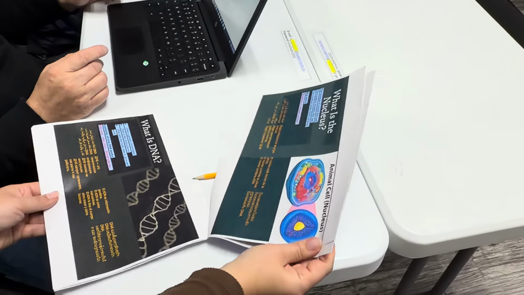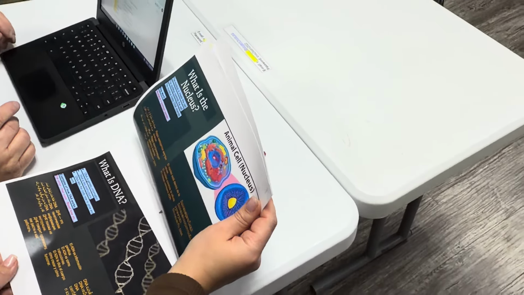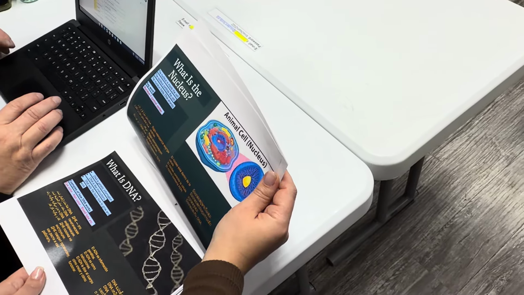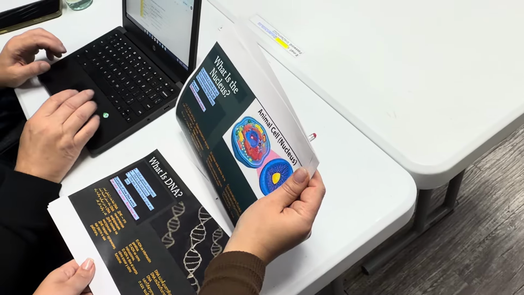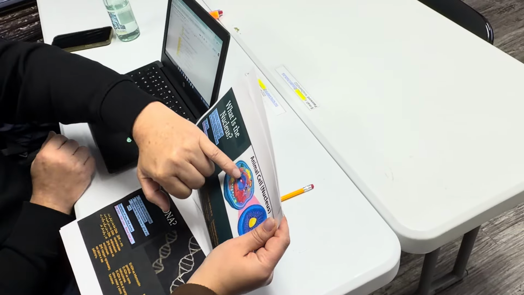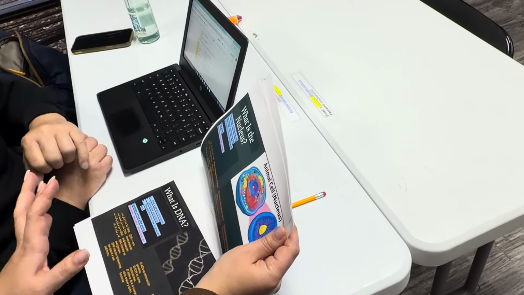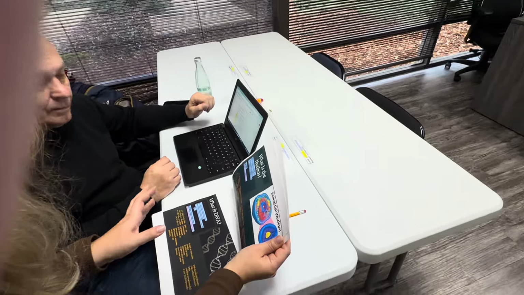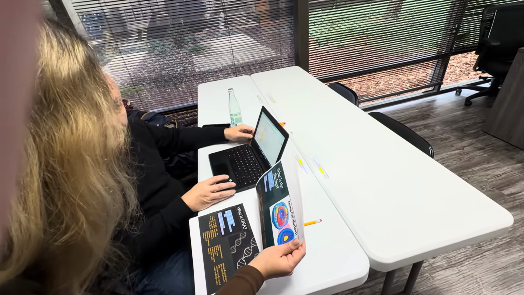How do we call the center of the cell? Nucleus. Can you show me the nucleus here on the picture, in the cell? Yes. It's not necessary for you to try because you already told me.